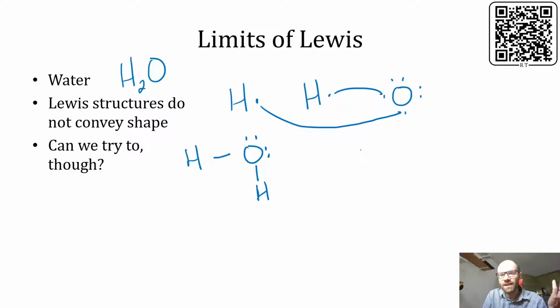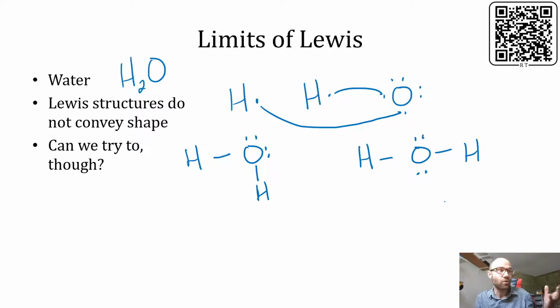But I also said that, when it comes to Lewis structures, it doesn't matter where you put the electrons because Lewis structures are not a representation of the actual geometry of molecules. And that's a big shortcoming of a Lewis structure. They tell you how all the bonding happens, but they don't tell you where everything is actually located.